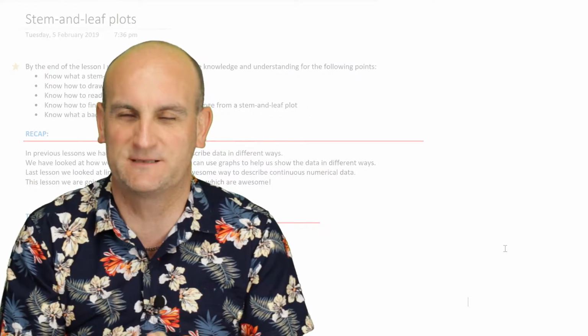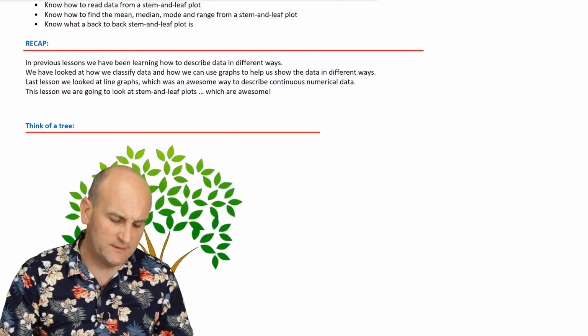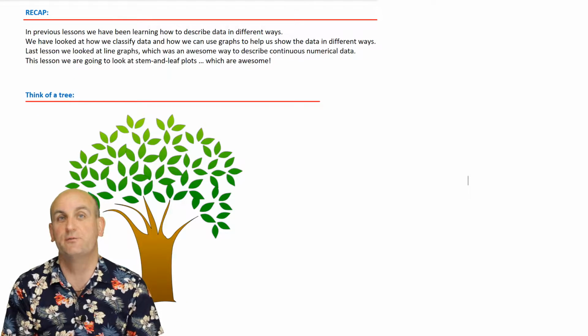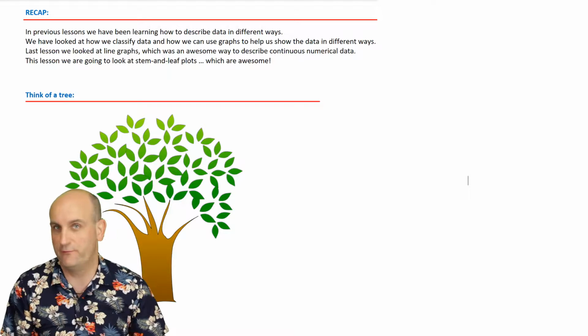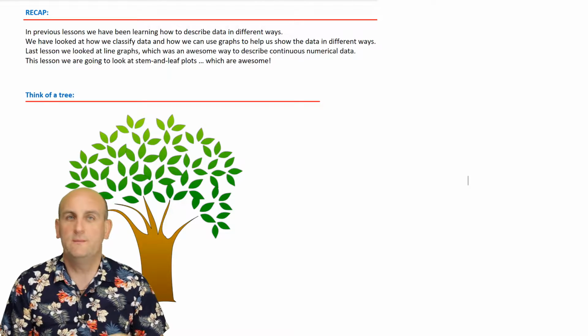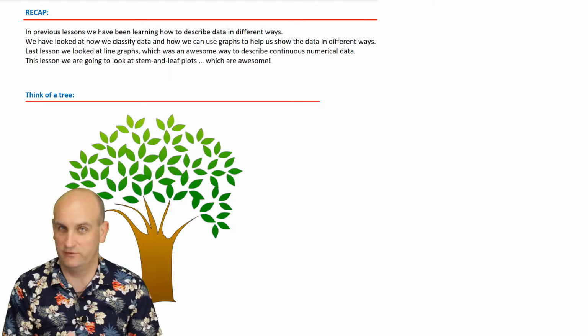Okay, so stem and leaf plots. As I said at the beginning, obviously the whole lesson's about stem and leaf plots, but it's building on the stuff we have done before. We've been looking at all the different ways we can show data. Data on its own is actually incredibly boring.